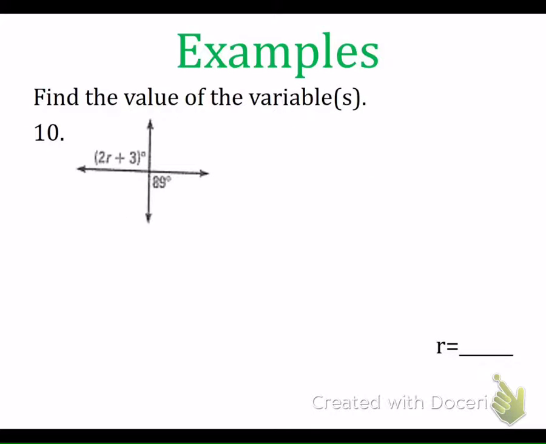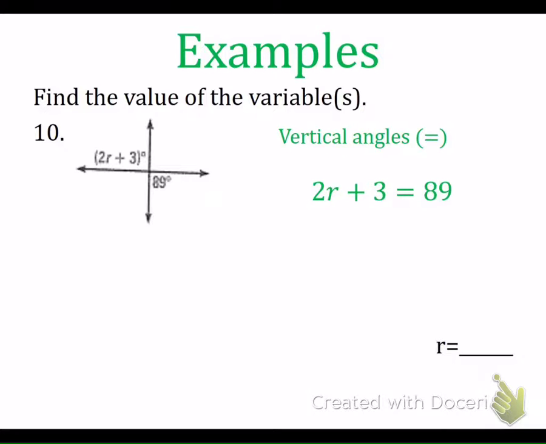All right, what are we looking at here? What types of angles are these? These are vertical angles, and vertical angles are congruent. Congruent means equals. So 2r plus 3 equals 89. Then what?